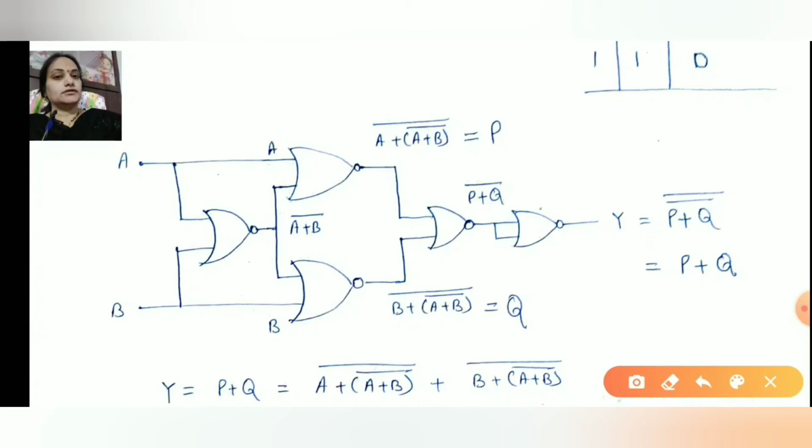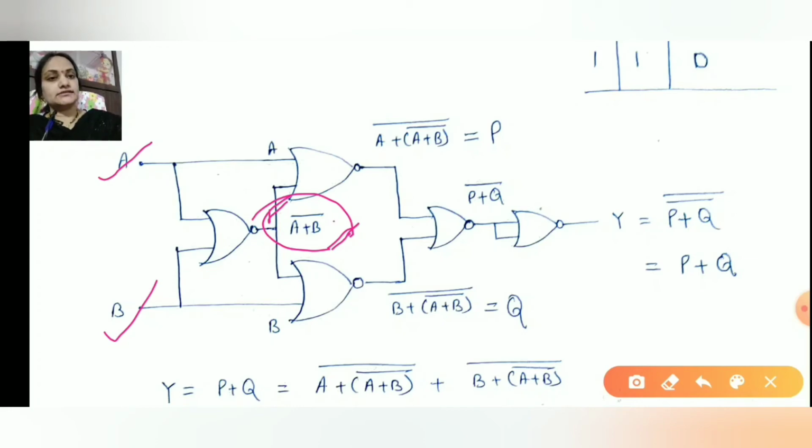So what is the output for NOR gate? That is whole complement of addition of inputs. That's why we got A plus B whole complement, because A is the input and B is one of the inputs.